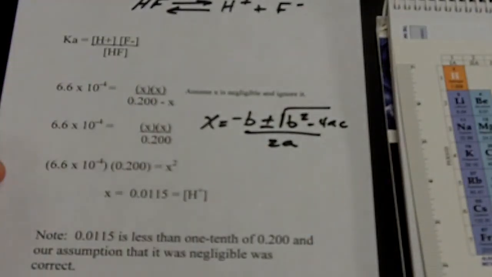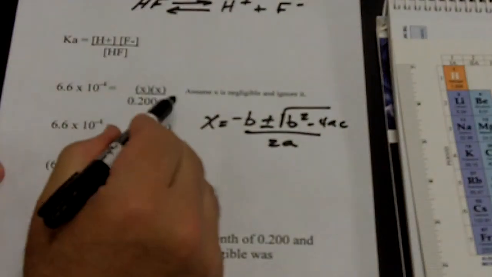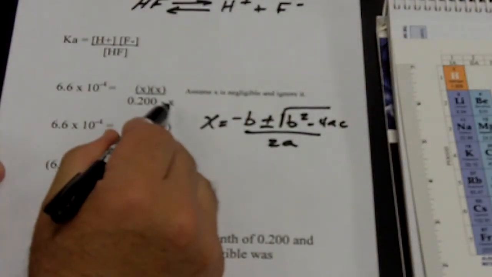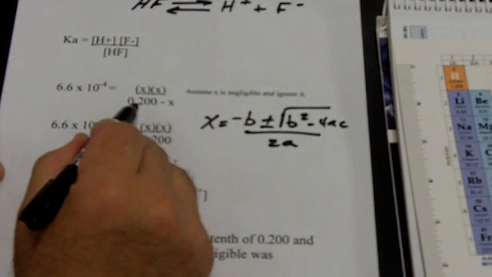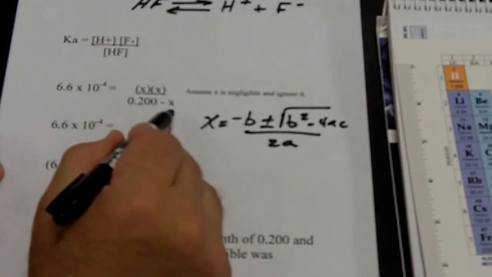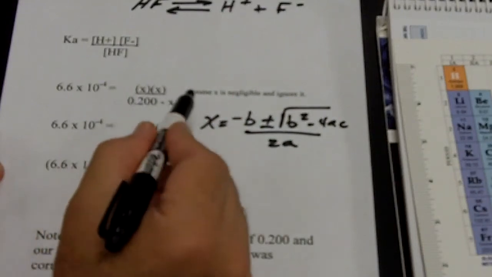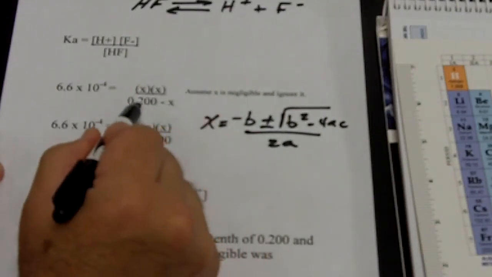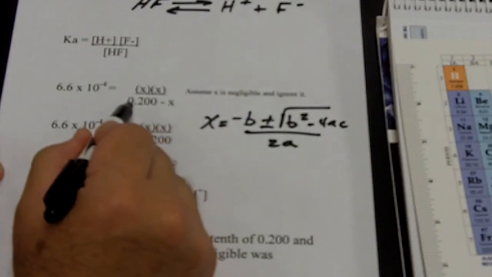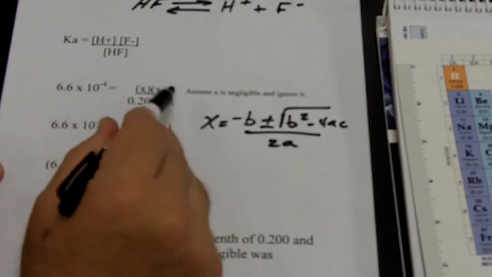So if you are really gung-ho on doing the quadratic equation, there it is. Have at it. But I'm going to make an assumption that I think is going to be okay, and that is I'm going to assume that this value of X is very small in comparison to this 0.200. I'll check my answer in a little while, but if I determine that that X was less than 10%, or less than 1/10 of this 0.200, then I'll accept that inaccuracy.